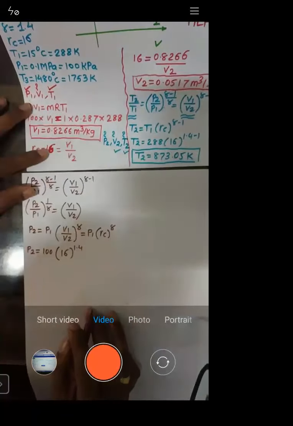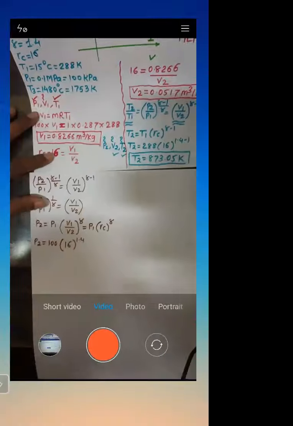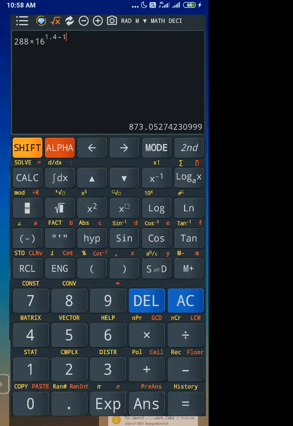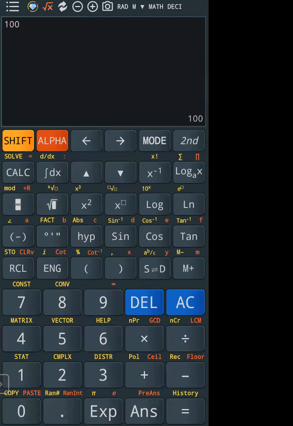So 100 into 16 raised to power 1.4. This is the value of P2 we got: 4850.29 kilopascal.